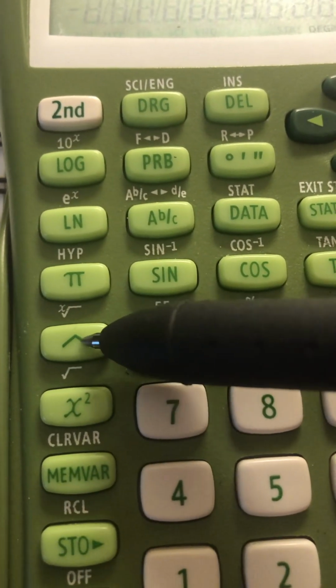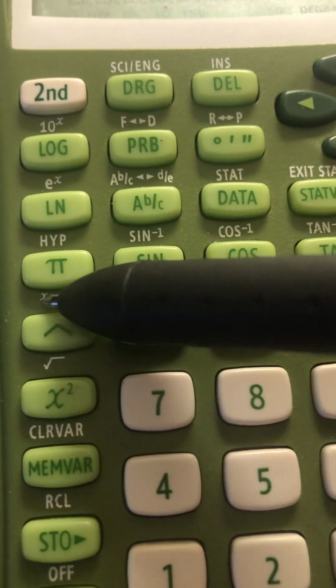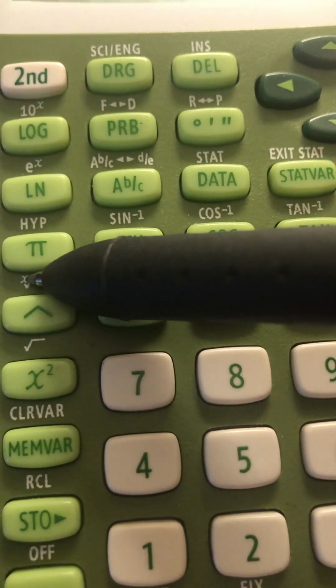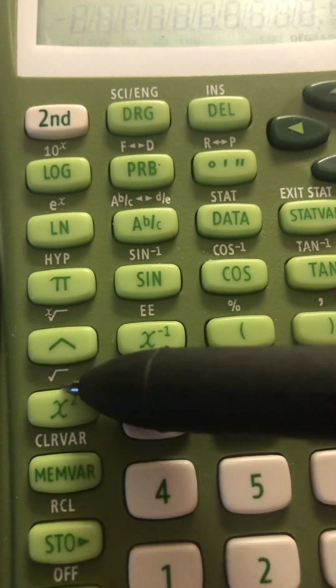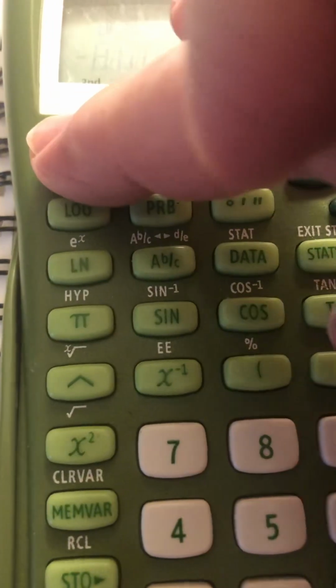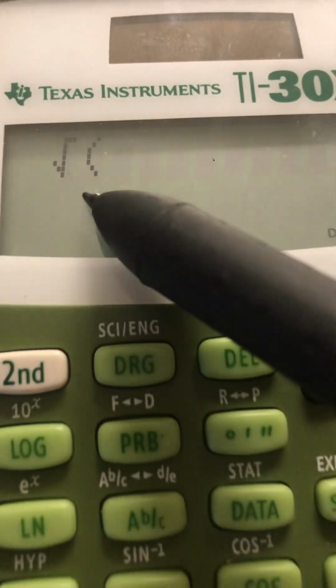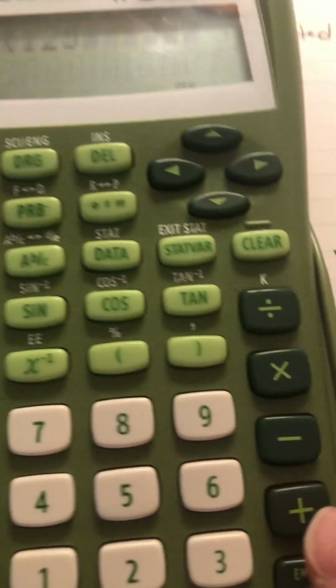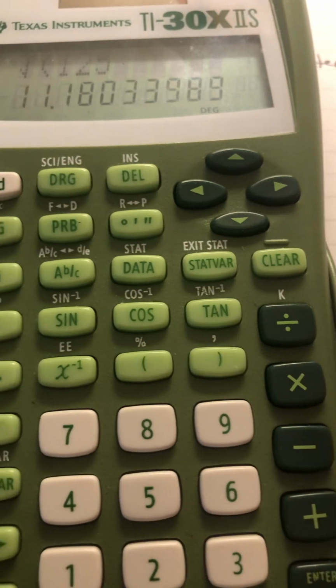Then above this key here, it has a radical symbol with an x, meaning you can put a number in place right there like we did with the 3. When we want square roots, we tend to use this one. So to get to it, we have to hit second and then this, and then it shows up on our screen. We're saying the second feature. So then I can put my number 125 in there and then hit enter.